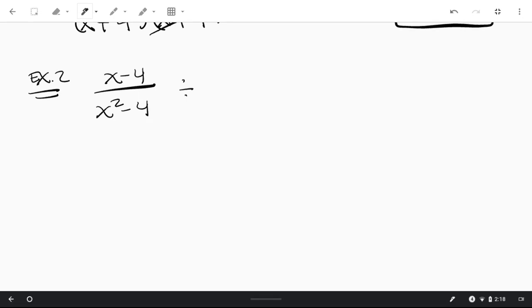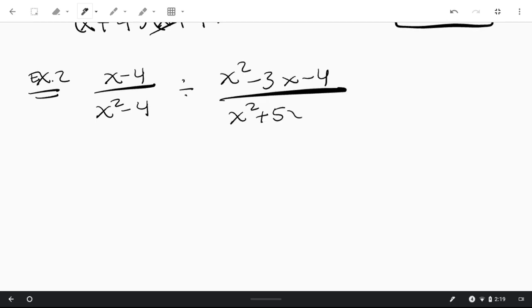All right, so let's take a look at this example, x minus 4 over x squared minus 4 divided by x squared minus 3x minus 4 all over x squared plus 5x plus 6. Okay, so again, the first thing you want to do is factor.